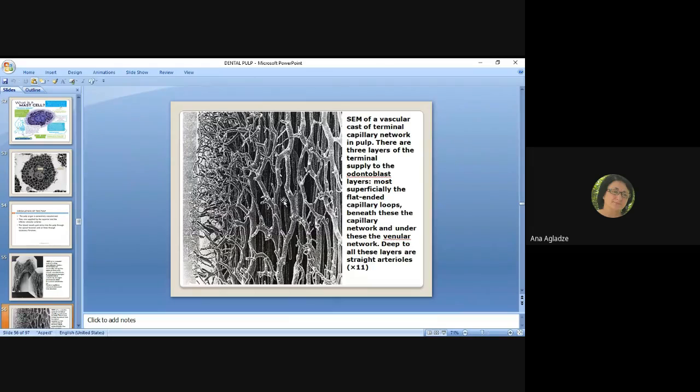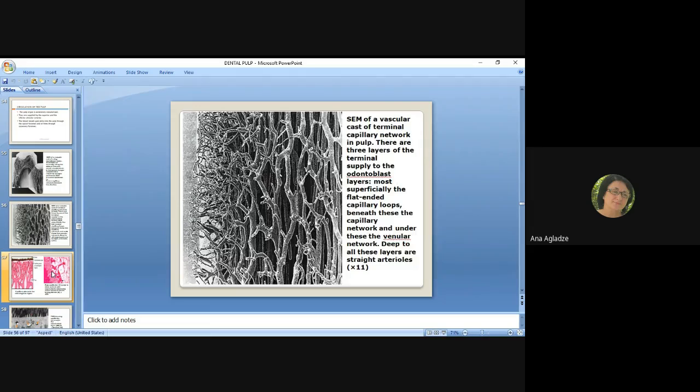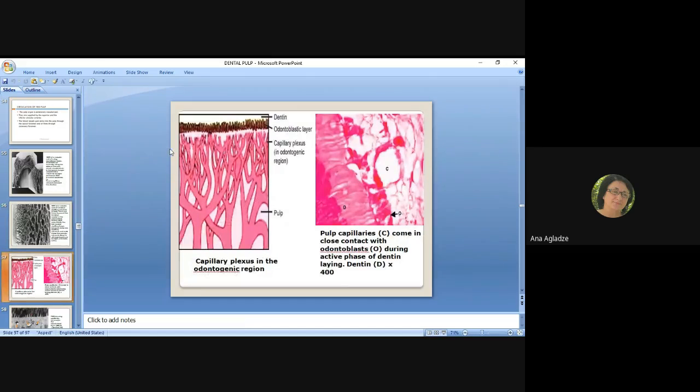There are straight arterioles and their branches which supply this capillary bed. The capillary network beneath the odontoblast is dense enough to be known as the subodontoblastic capillary plexus. And here we can see this capillary plexus beneath the odontoblastic layer.